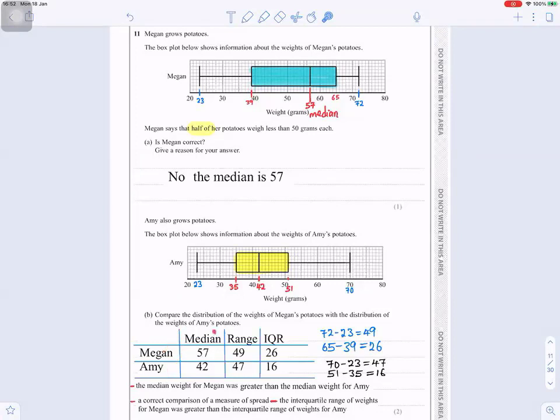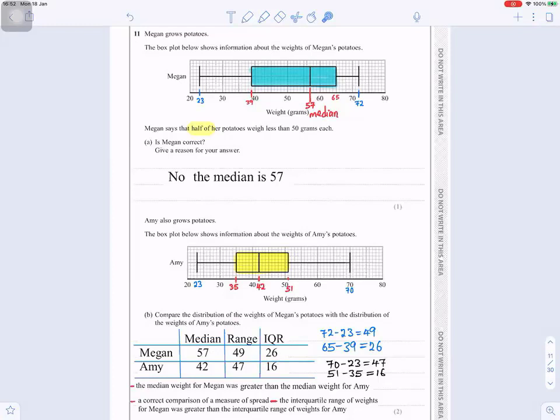We want to compare the median, the range, and the interquartile range. For Megan, the median is 57, the range is 49, and the interquartile range is 26. For Amy, the median is 42, the range is 47, and the interquartile range is 16.